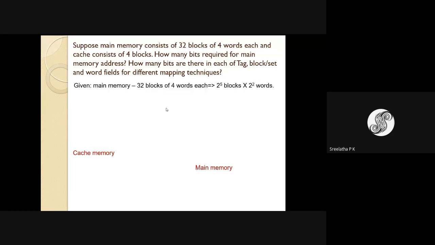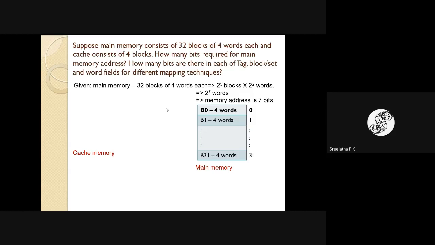Okay, so this is the question. What is given is main memory of 32 blocks of 4 words each. So there are 32 blocks here, 0 to 31, and each block contains 4 words.